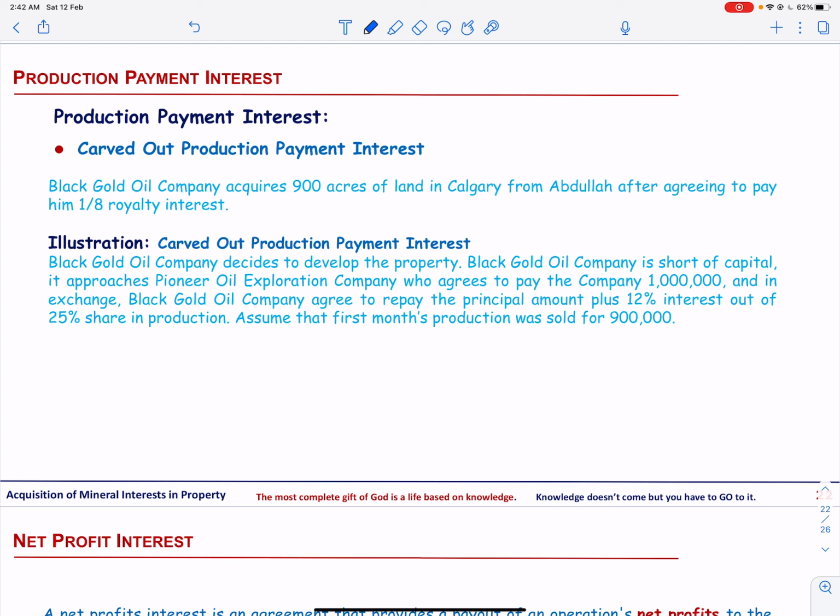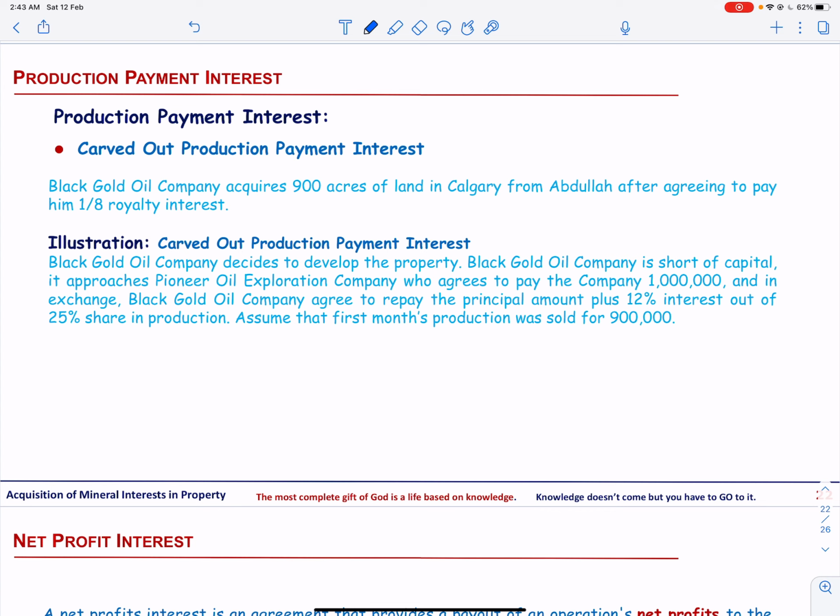Black Gold Oil Company is short of capital. It approaches Pioneer Oil Exploration Company, who agrees to pay the company 1 million, and in exchange, Black Gold Oil Company agrees to repay the principal amount plus 12% out of a 25% share in production.